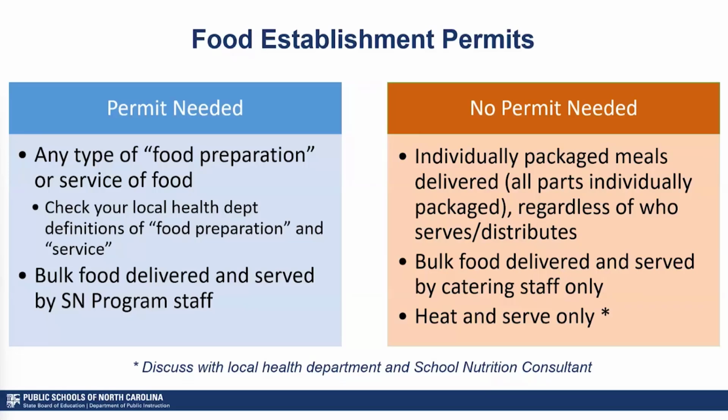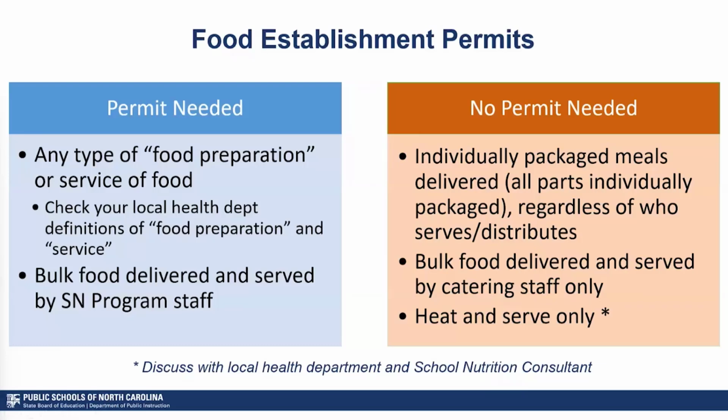Some examples that are typically considered to be food preparation include cutting produce, putting ingredients together to make a meal item, cooking raw food ingredients such as proteins, vegetables, or grains that are not pre-cooked or commercially processed for heat and serve only, and serving food that is not prepackaged and pre-portioned per person, such as serving from bulk food pans or containers.